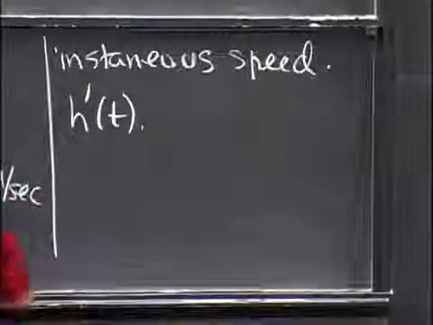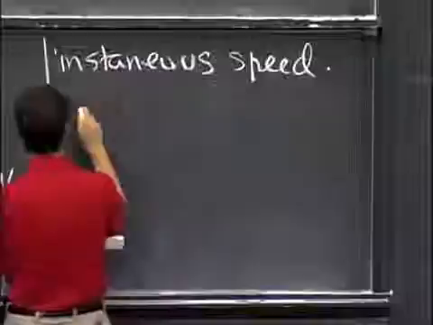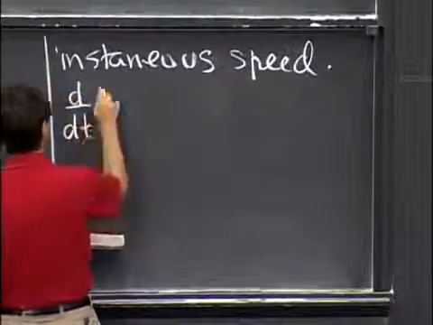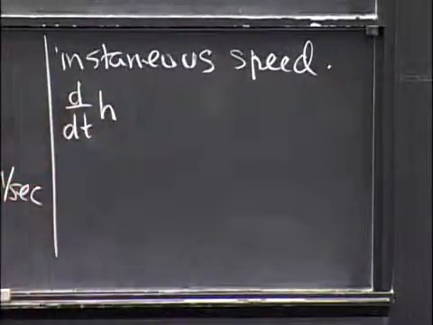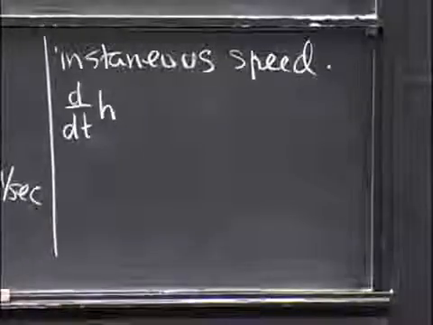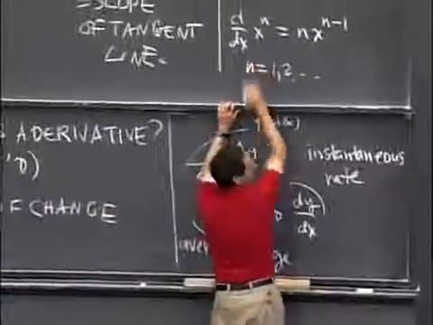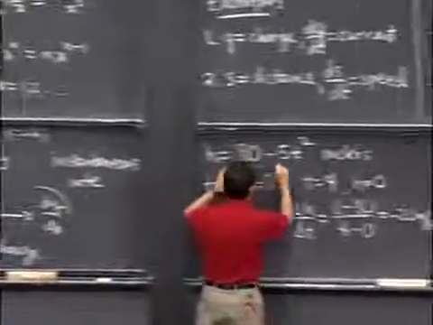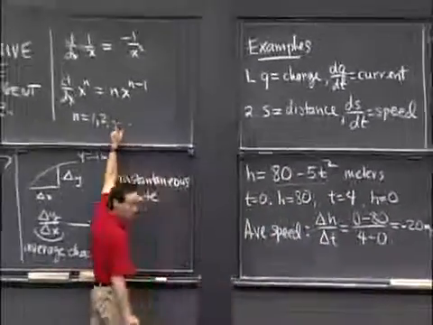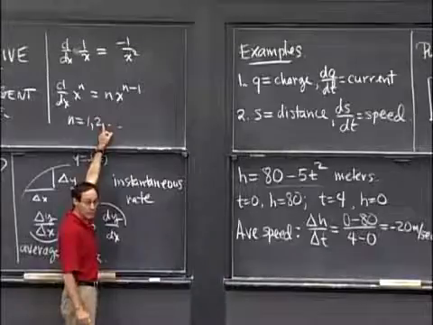Or maybe I should, to be consistent with the notation I've been using so far, say d by dt of h. Now remember, we have formulas for these things. We can differentiate this function now. We did that yesterday.